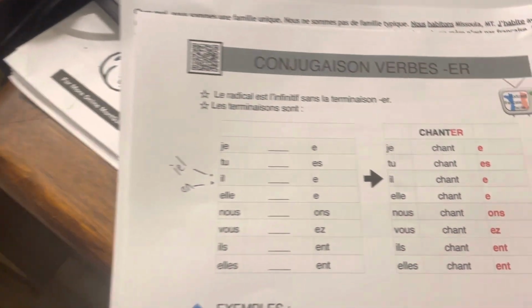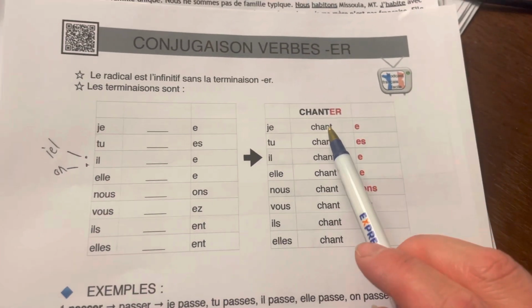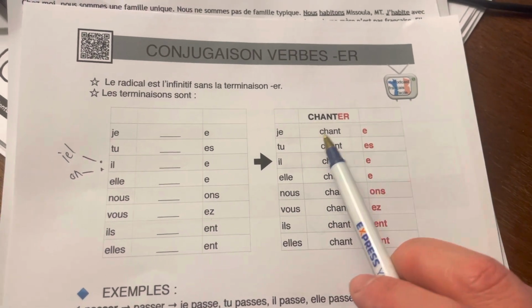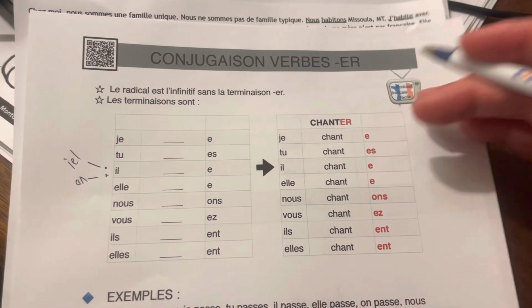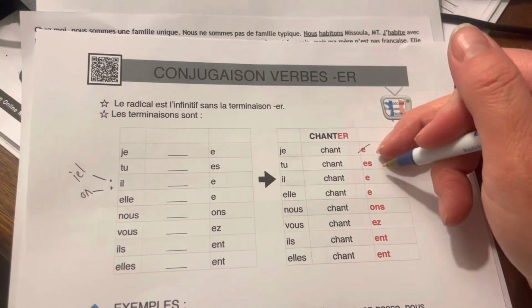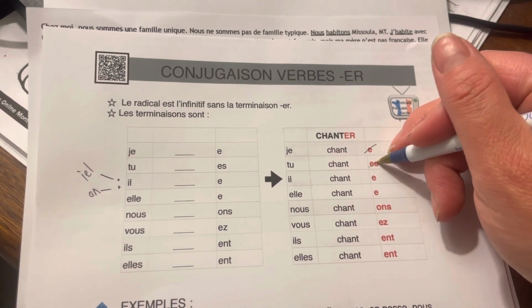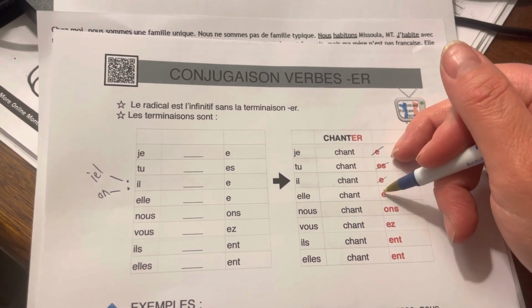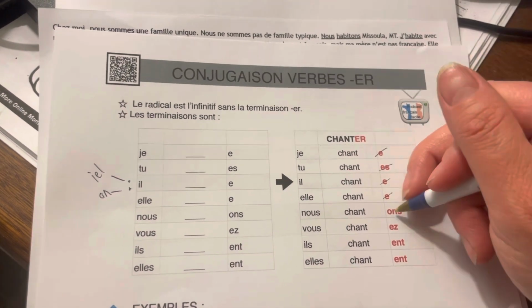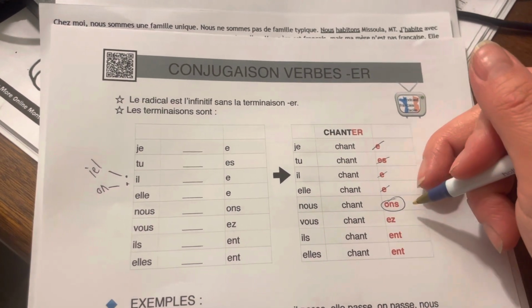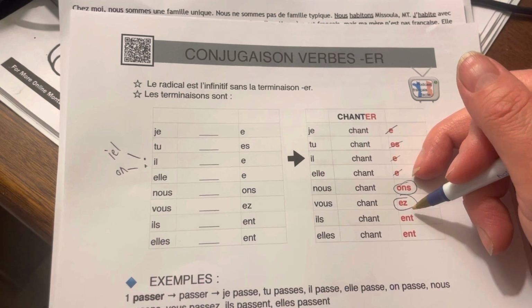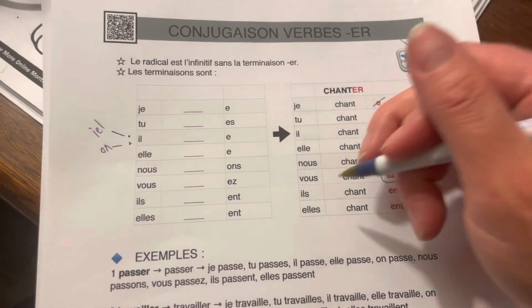Also remind yourself over here that non-binary they, iel, will go like il and on, that pronoun that means one and everybody. So you can see over here when you drop the ER and you add those endings, je chante, and this you don't hear. Tu chantes, you don't hear it. Il chante, elle chante, nous chantons, you hear that ending. Vous chantez, you hear that ending. All right, you ready? It's so weird.